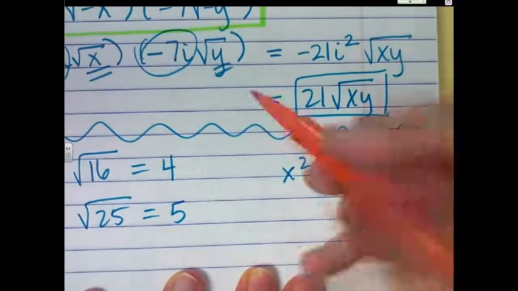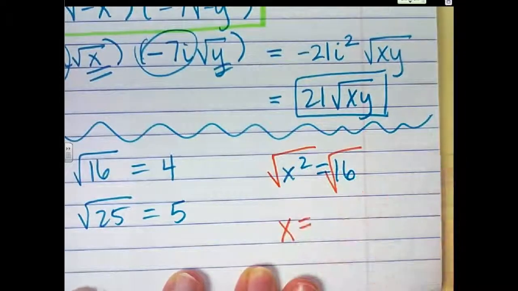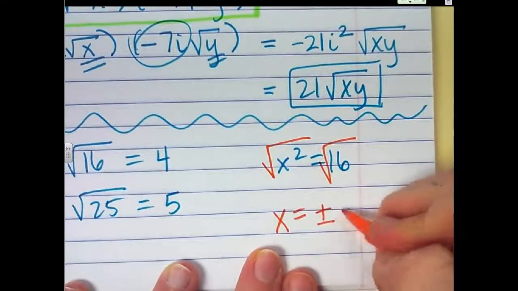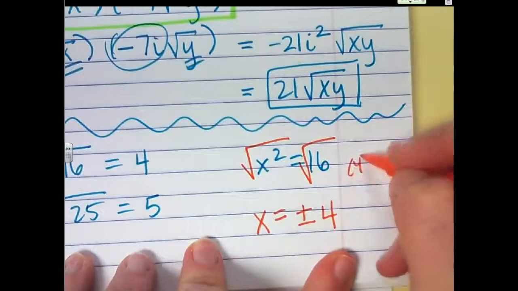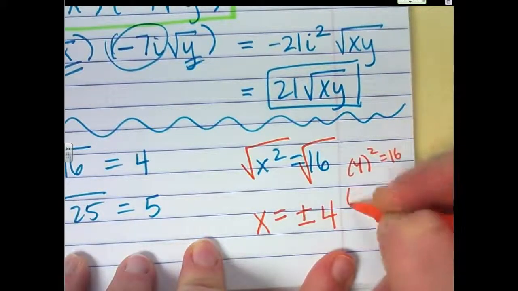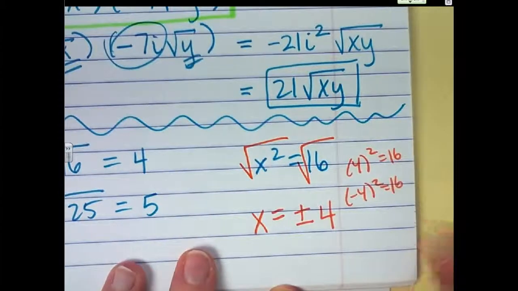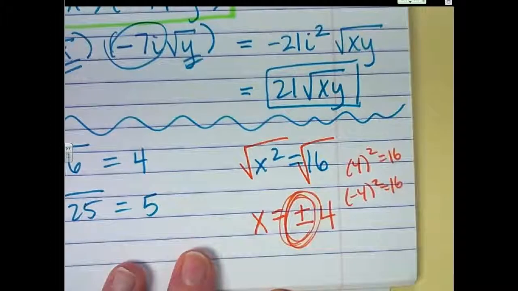The square root. Anytime you are solving an equation and you take a square root, it could be positive or negative 4, because 4 could be positive or negative. So every time you solve today, you should get a plus or minus in your answer.